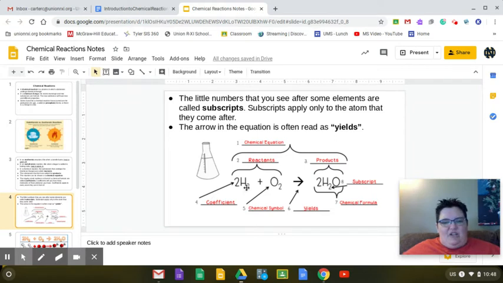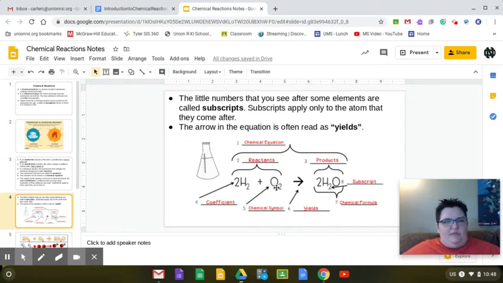But anyway, that's the coefficient. So this number in the front here is the only thing that will ever change. We never mess with these numbers in the back. These subscripts back here never get changed. They're always going to stay the same. You cannot change the back ones. So the coefficient is out front, the subscript is in the back.